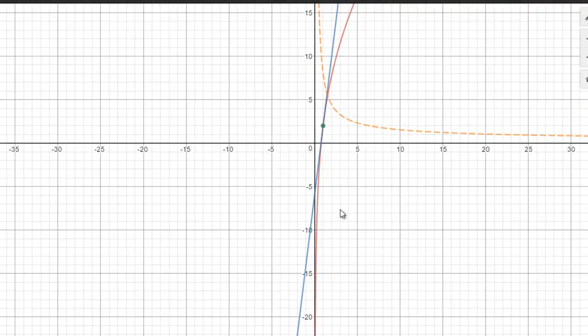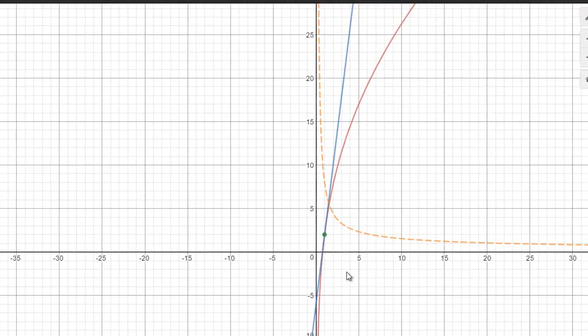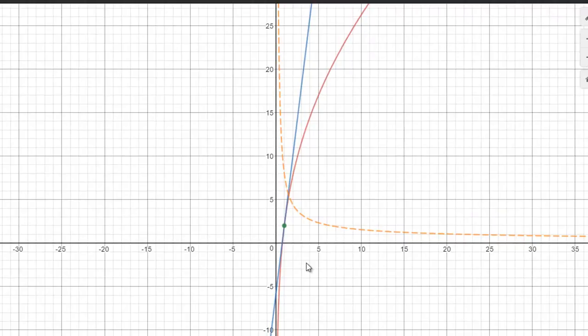So all of these slopes right here on this red curve are very big. They're almost vertical. Those are huge slopes. So the closer you get to 0, the bigger your slopes are getting. Thus your derivative function is increasing without bound, just as your slopes are increasing without bound as you get closer to 0, that vertical tangent line.